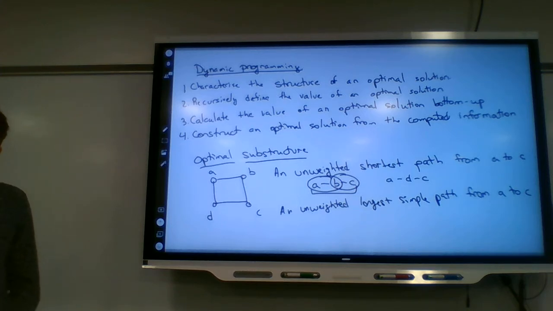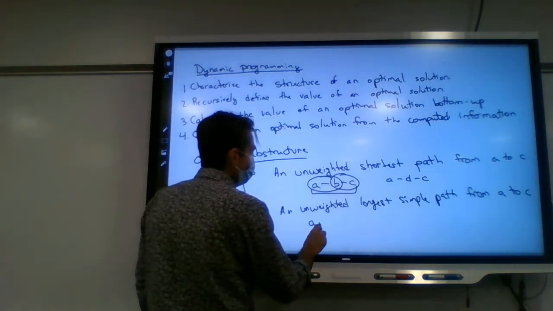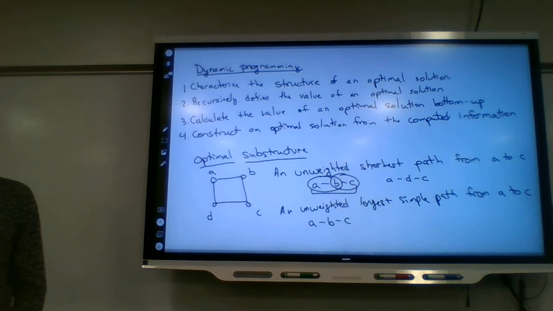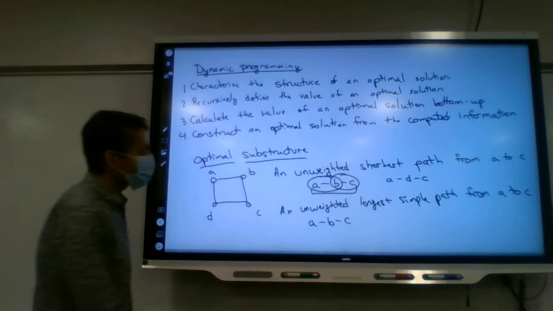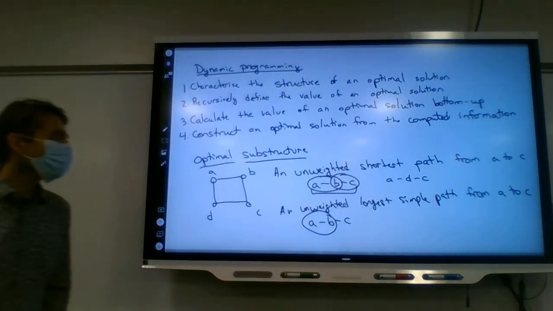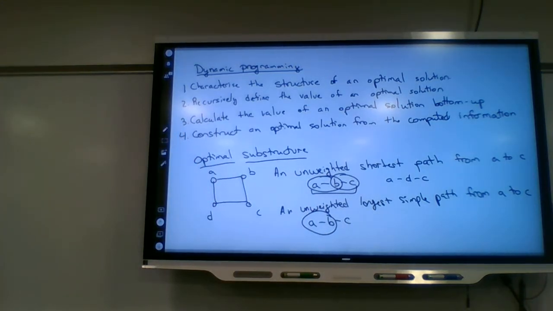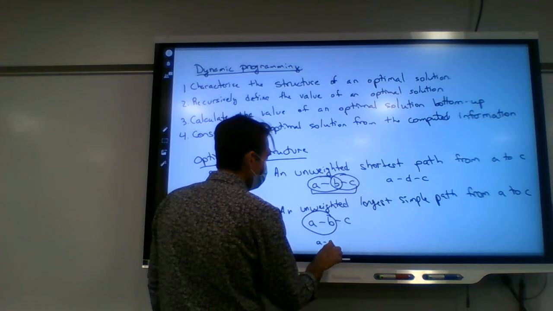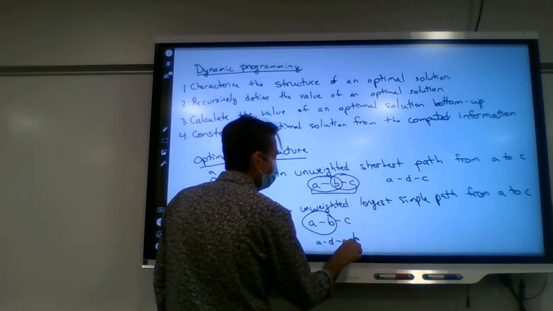Simple path meaning not using edges again. Here's a longest simple path from A to C. Is this a solution for the problem for the longest simple path from A to B? No, because the longest simple path from A to B would look like that.